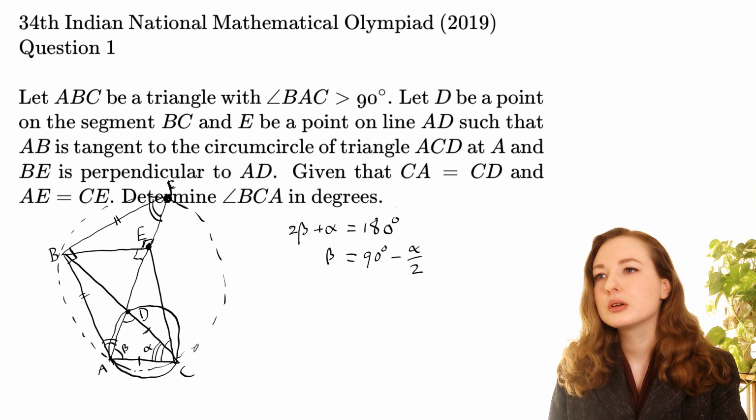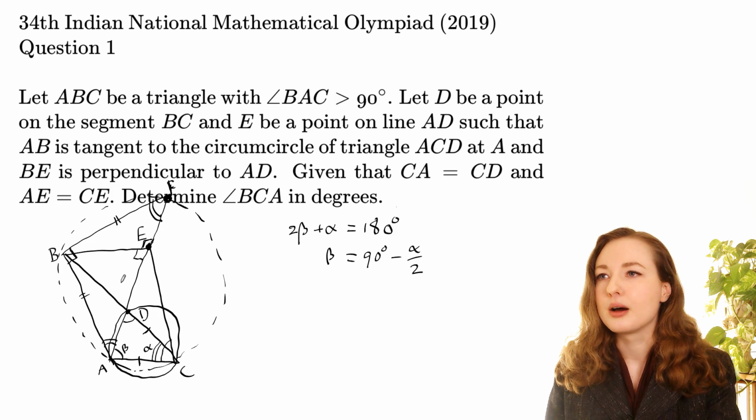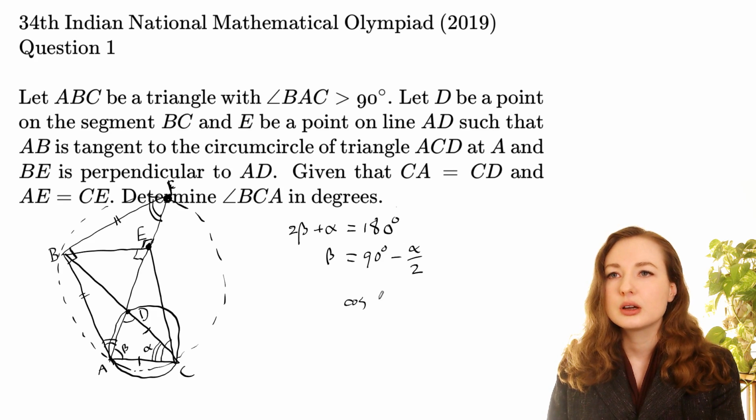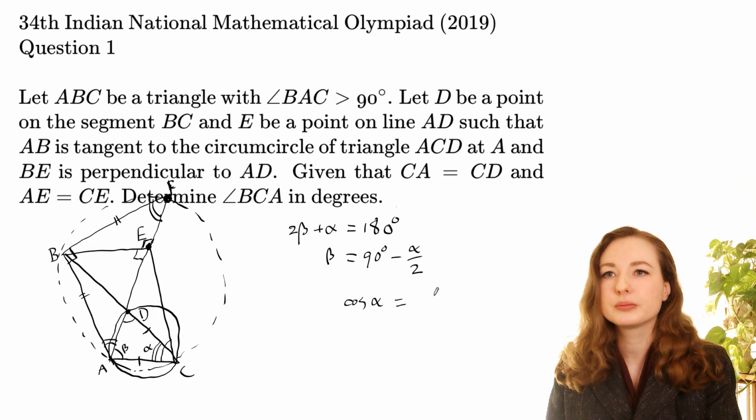So what I might do is, starting with this nice right angle triangle here, cos of alpha, that one's alpha as well because that's the same as that. Cos of alpha is AE over AB.